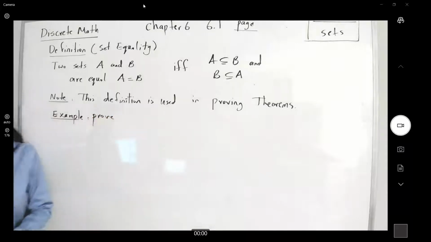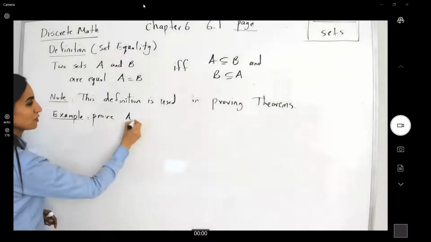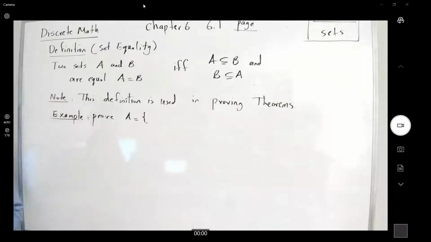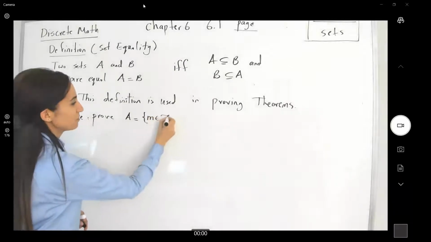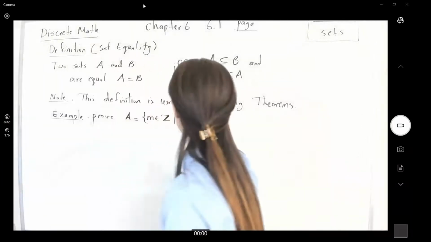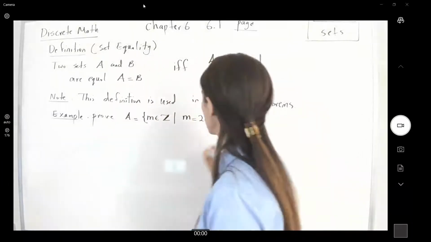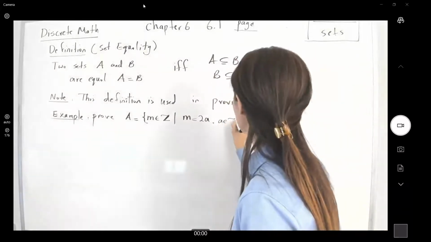Prove the first set A, which is defined as the set of all integers like m, such that m is 2a, even integers, and a is an integer.